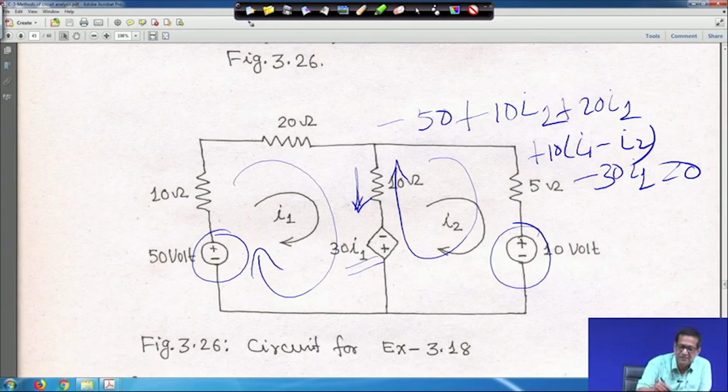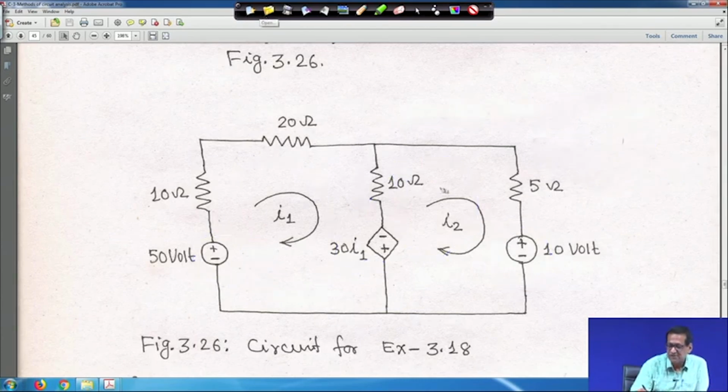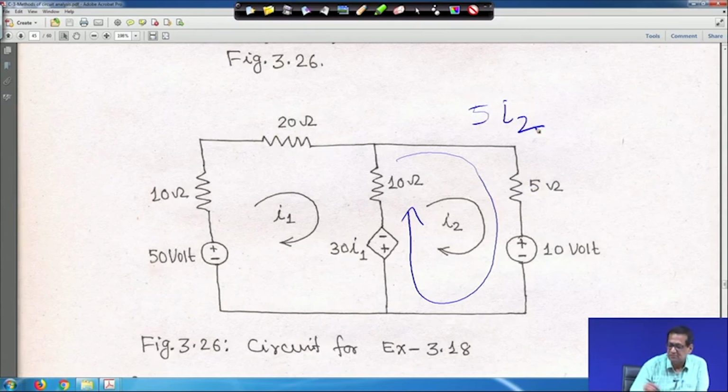Similarly, when you apply KVL in mesh 2, you can do it the same way. For example, starting from this 5 ohm resistance, it is 5 I2, then encountering the plus terminal of the 10 volt source first, plus 10. Then plus 30 I1 is coming.